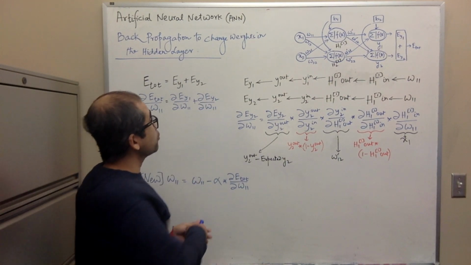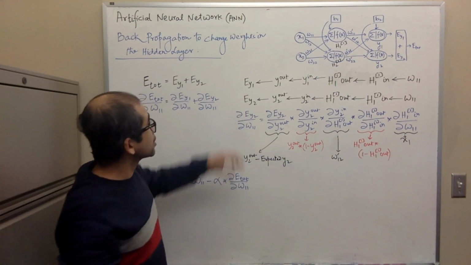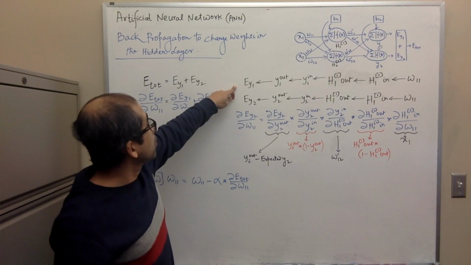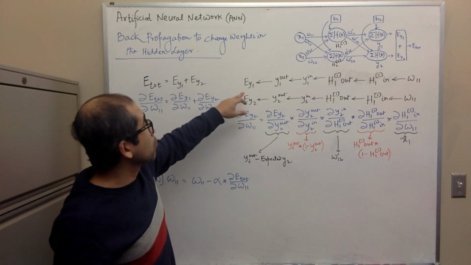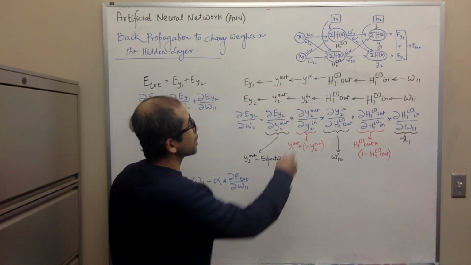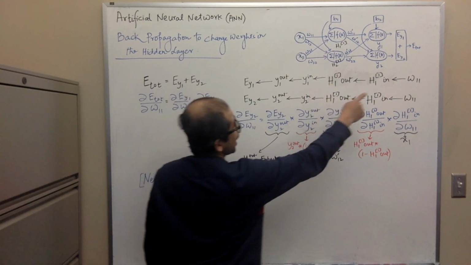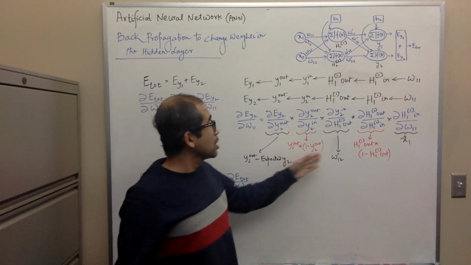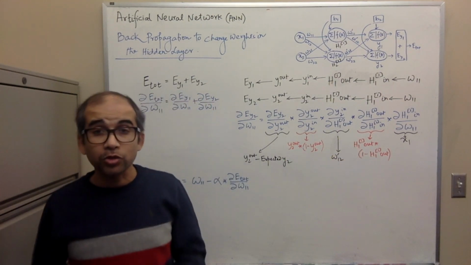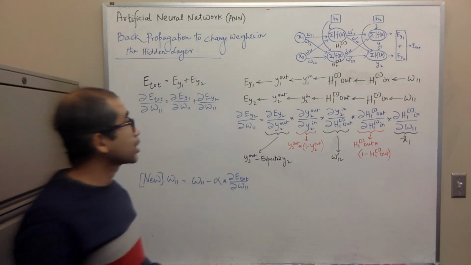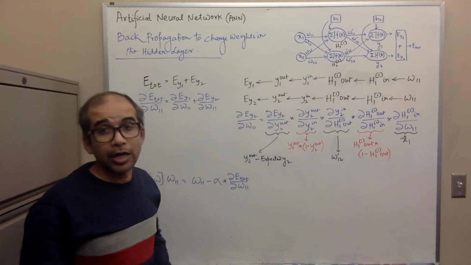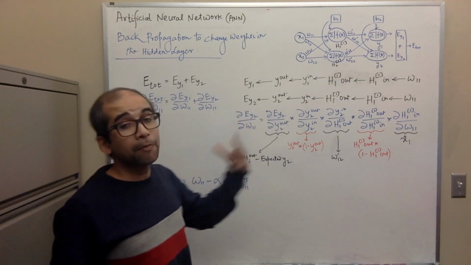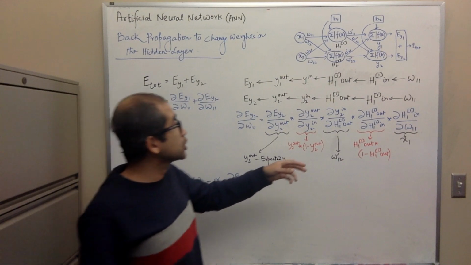We will do a similar thing for del E1 with respect to del W11, and many of them, like this one and this one, will actually have the same values for partial derivatives. This is one good thing about going deeper in neural network backpropagation: many of the partial derivative values are reusable.